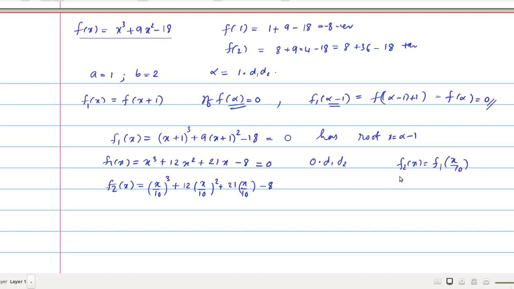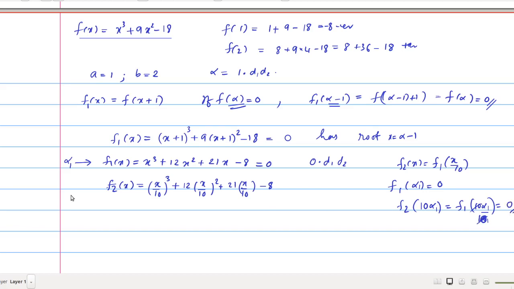So we can say that if this alpha 1 is a 0 of this, we can write f1 of alpha 1 equal to 0. Therefore f2 of 10 alpha 1, what is f2 of 10 alpha 1? f2 of 10 alpha 1 is f1 of, replace this x by 10 alpha 1, 10 alpha 1 by 10, which is equal to f1 of this is 10. By cancelling this 10, you can write f1 of alpha 1, which is equal to 0.